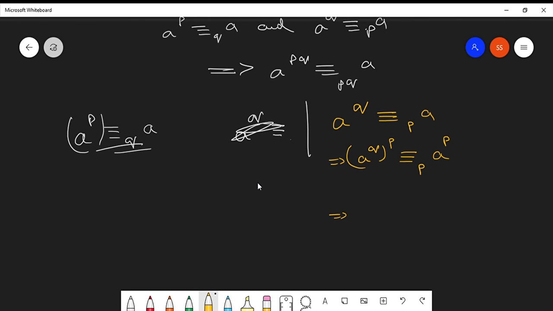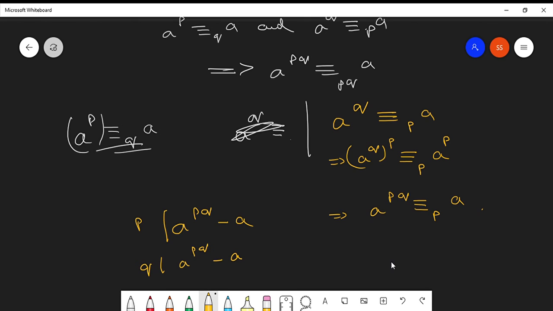So a to the power p mod p is actually a mod p. So a to the power pq is congruent to a mod p, right? That means a to the power pq minus a is divisible by p. Now, using the same method, you can also show that q divides a to the power pq minus a.